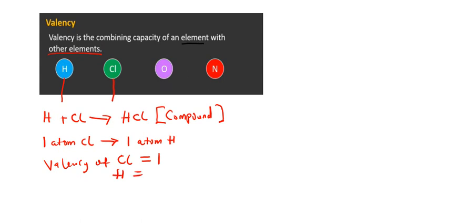Let's look at hydrogen and oxygen. You will see here that 2 atoms of hydrogen will combine with 1 atom of oxygen to give us water.